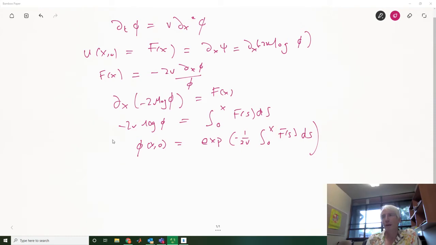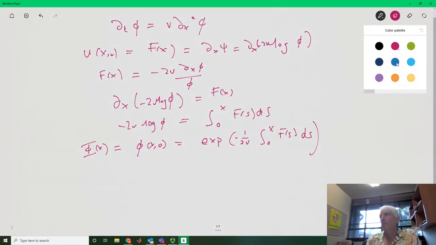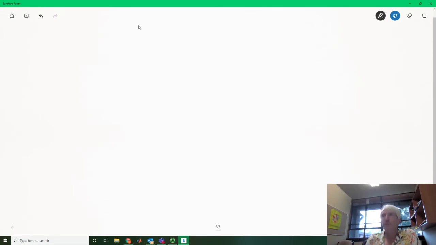Okay, and we'll just give this function a name. We'll call this big phi of x. Forgetting for a second how we've got to do this integration, what we've got to solve is dt phi is equal to nu dx squared phi, and phi of x comma 0 is big phi of x.